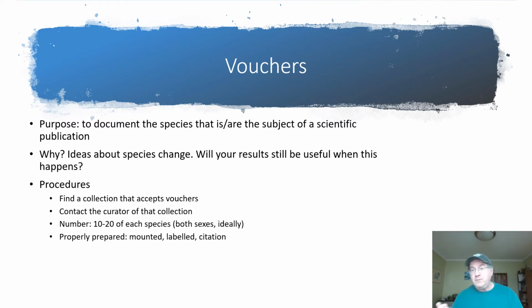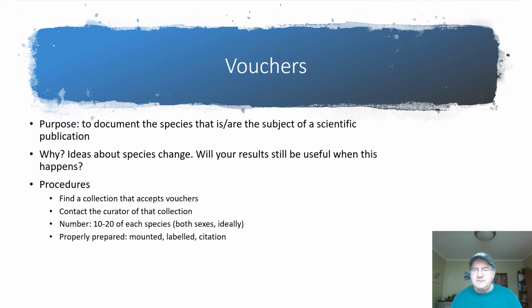And so what we do for our collection, and I know some others that do this as well, is we have a special colored label. I think it's purple. No, it's green, because I think the purple is for specimens that have been imaged.